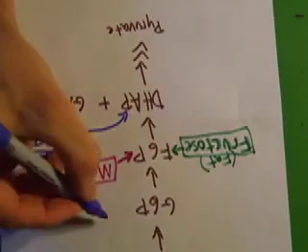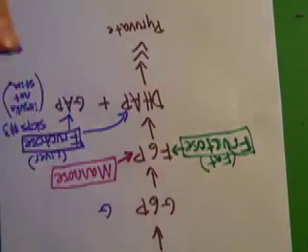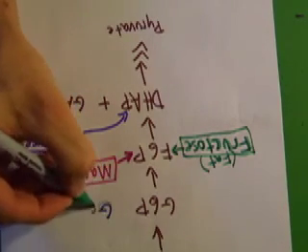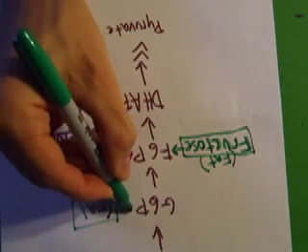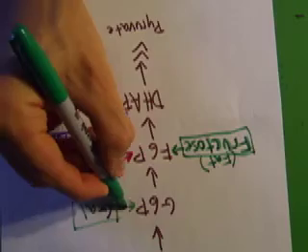Let's come over here. Try to keep my color coding. Galactose, through a couple of reactions, goes to glucose 6-phosphate.